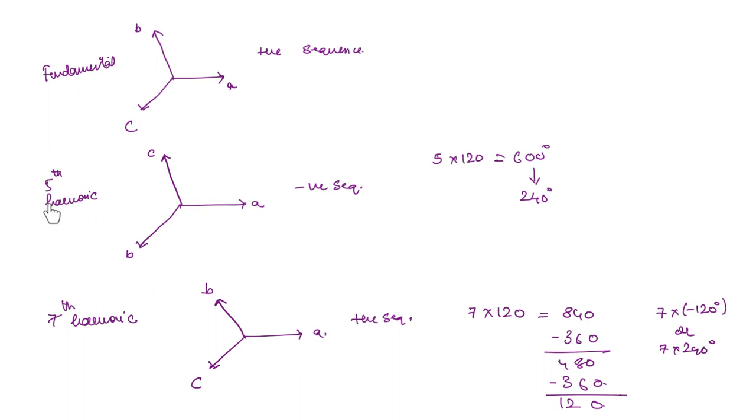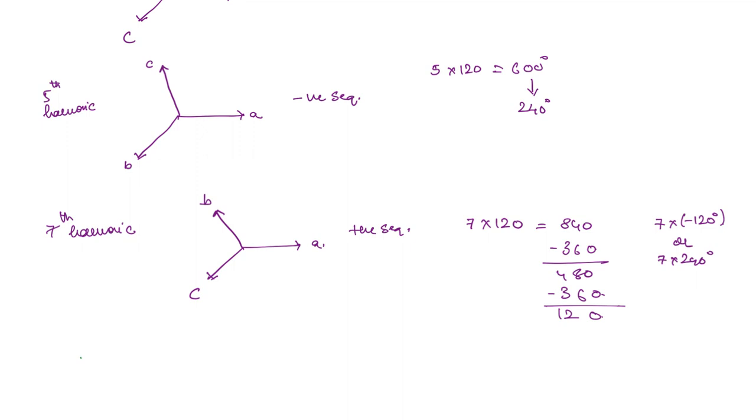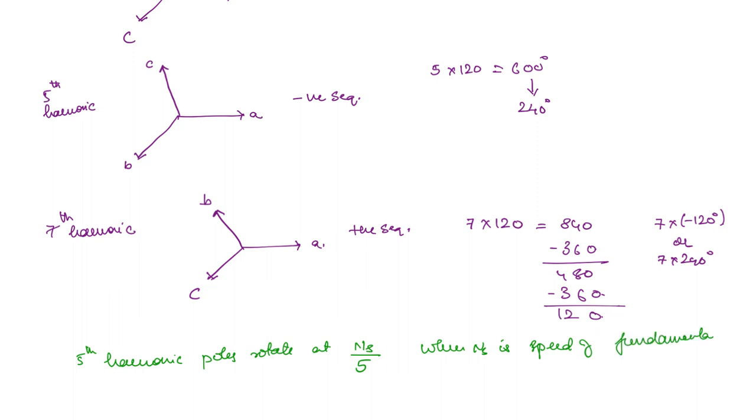The fifth harmonic is going to have 5 times more poles as compared to the fundamental harmonic, and the seventh harmonic is going to have 7 times more poles. So the fifth harmonic poles rotate at ns by 5, where ns is the speed of the fundamental harmonic.